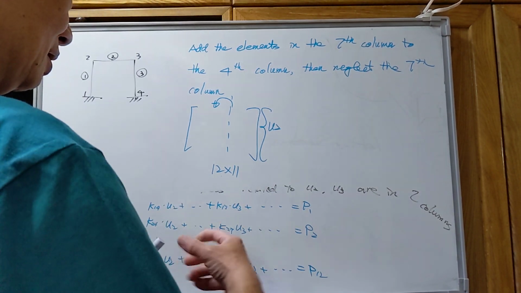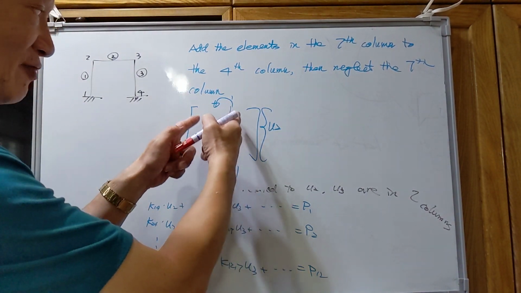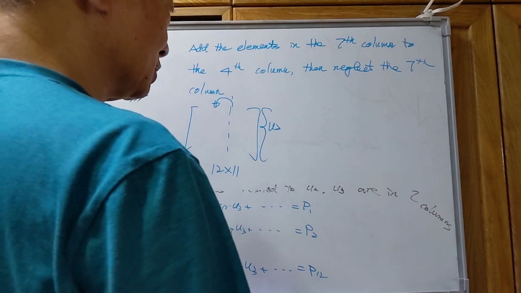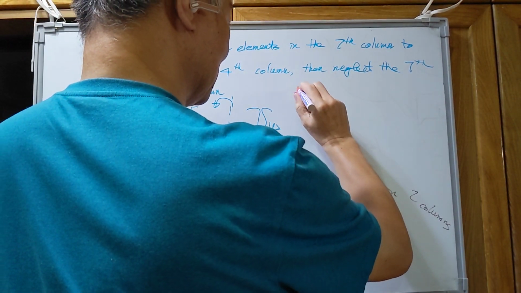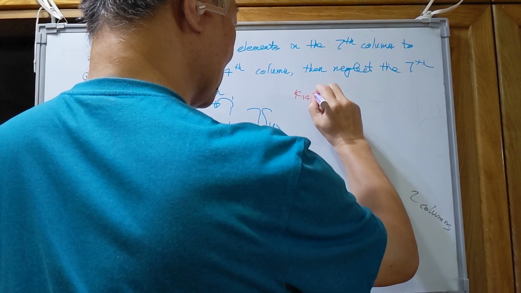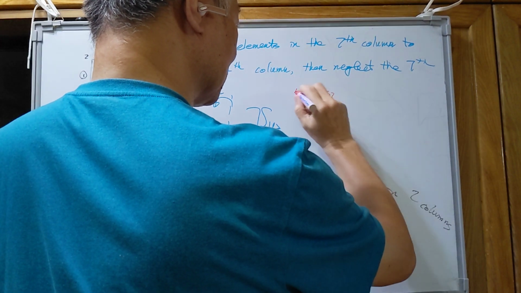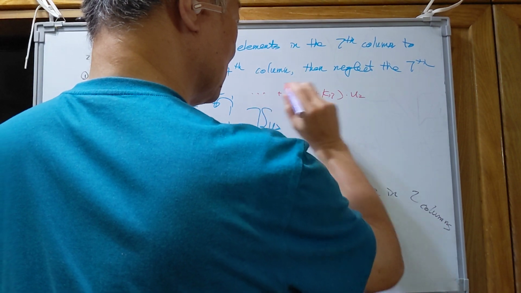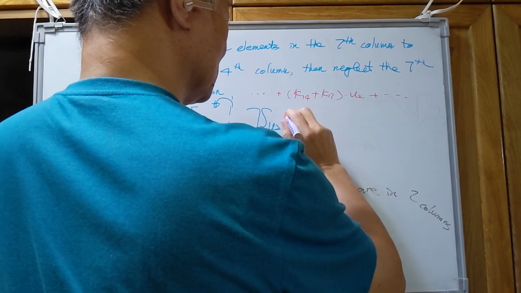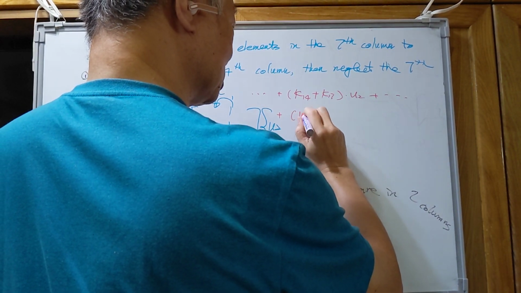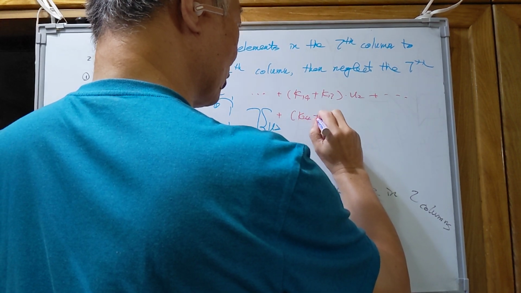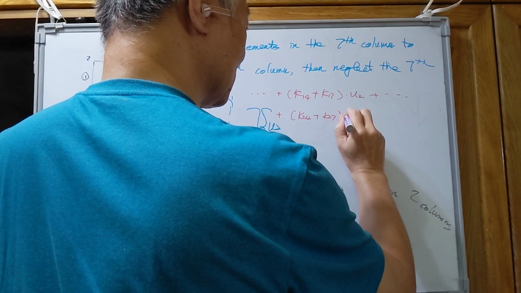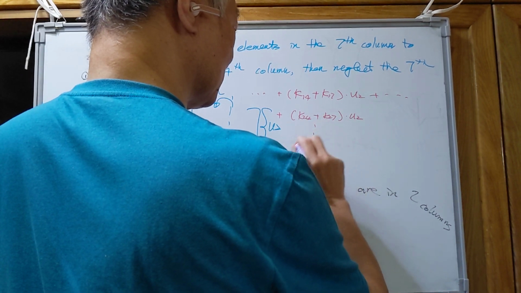So if we add the seventh column to the fourth column, we have K14 plus K17 times U2. Also in the second equation, it will be K24 plus K27 times U2.